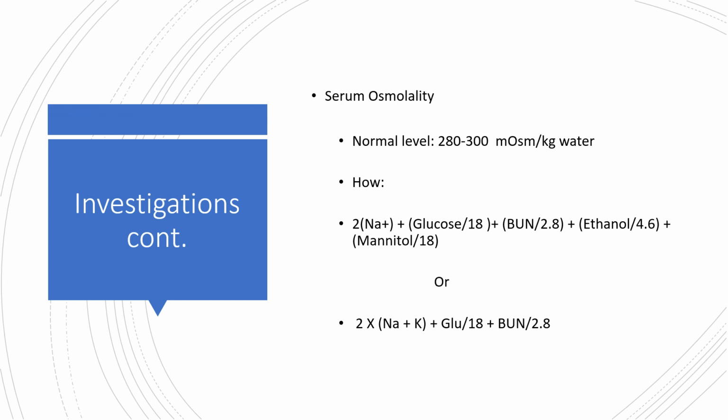So that you can pause and read through here. You get your sodium, your glucose, your blood urea nitrogen, ethanol or mannitol combined, or some literature will limit it to the value of sodium and potassium, glucose, and blood urea nitrogen. You can pause to see the mathematical expression.